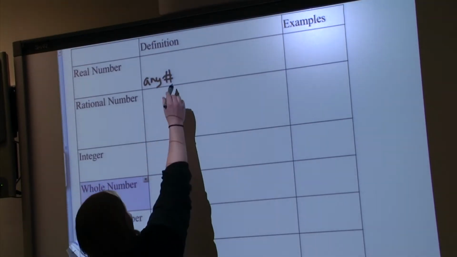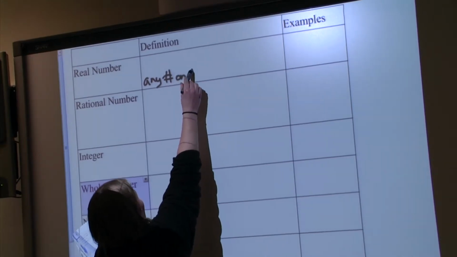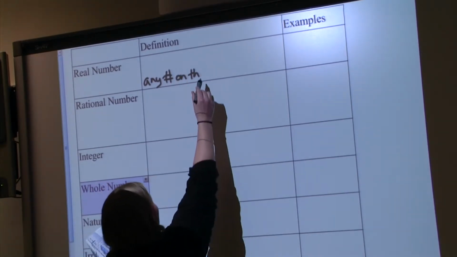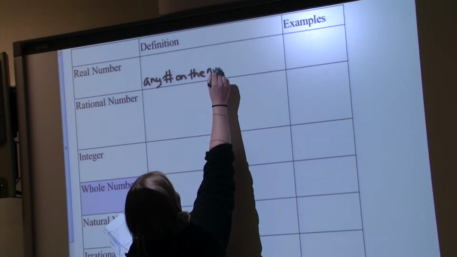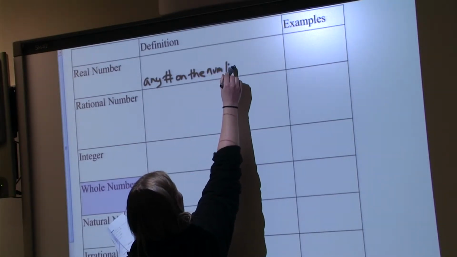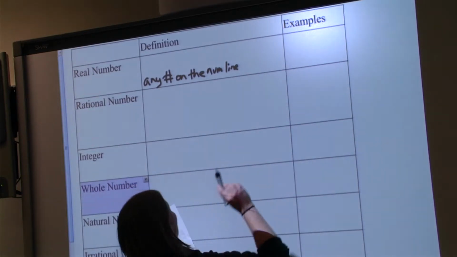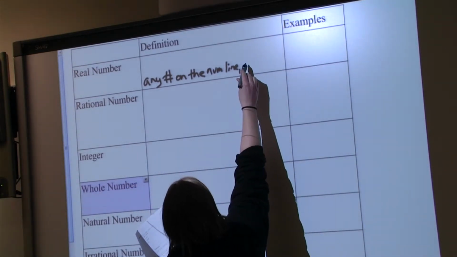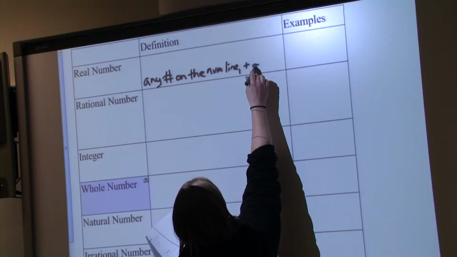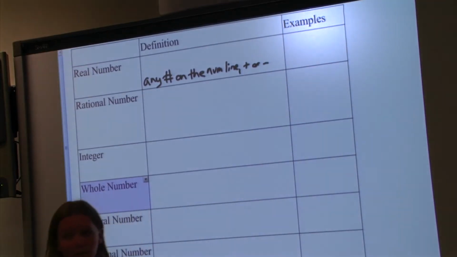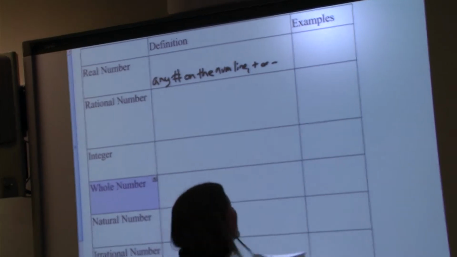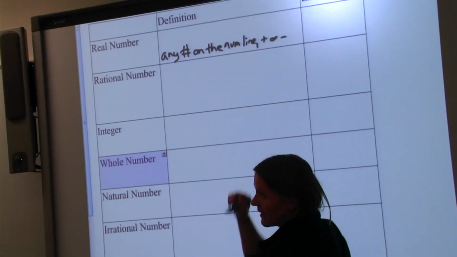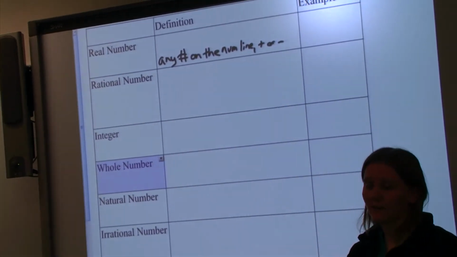Any number on the number line, and it can be positive or negative. For examples, I just wrote down some. If you have a favorite number, you can write that there.